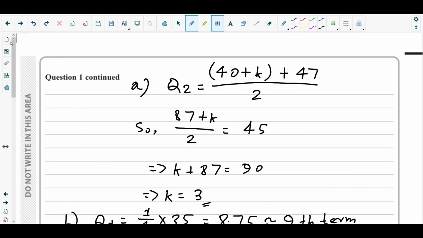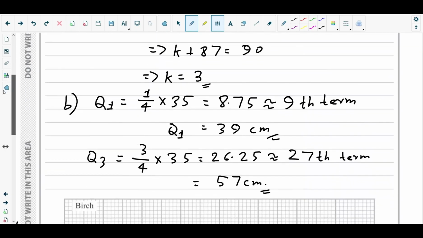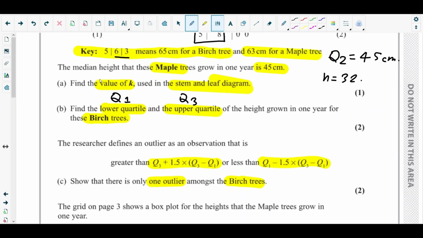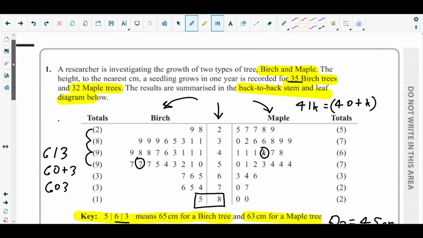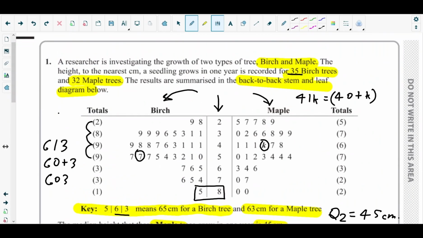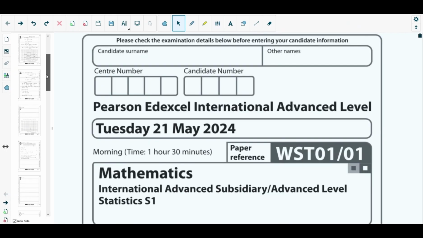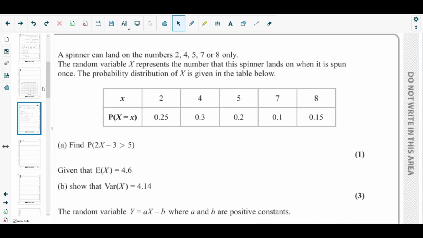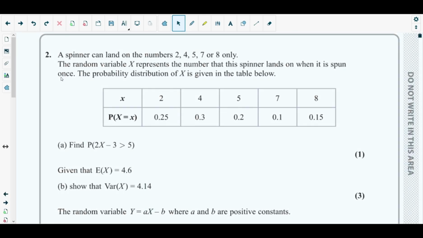Done. And that's all about the first question of the Statistics 1 May 2024 paper. So let's see what question number 2 is about.